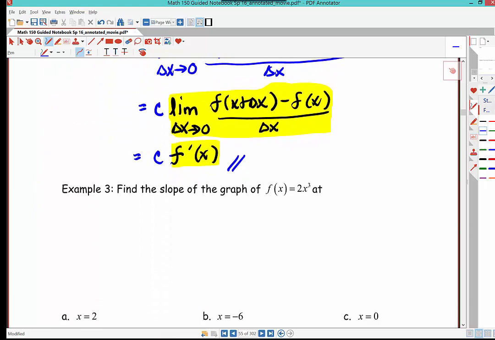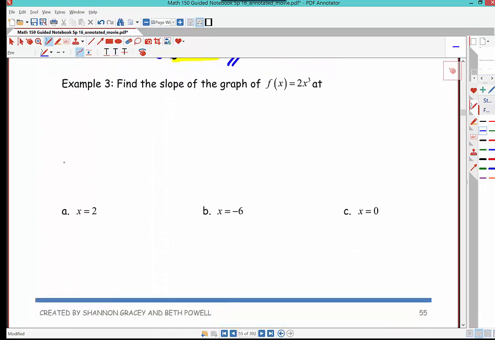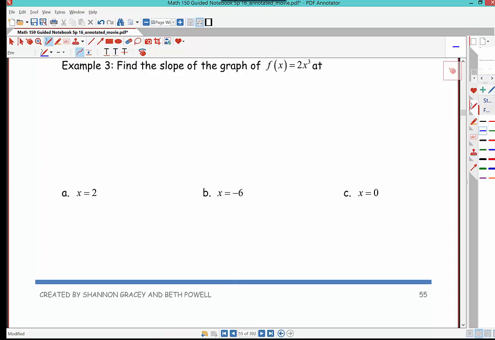So now let's check out the next problem. Find the slope of the graph of f of x equal to 2x to the third at these values. So what might we want to do first? Beautiful. Find the slope of the graph in general and then evaluate the derivative function at each of the values below.